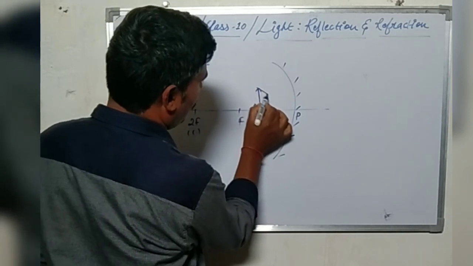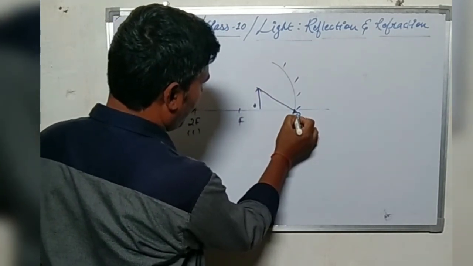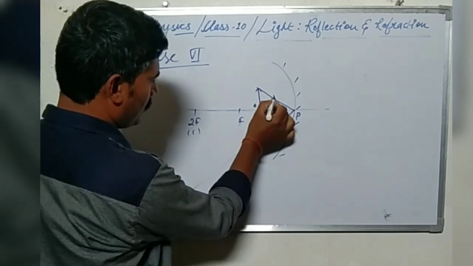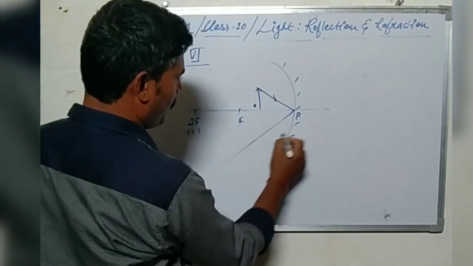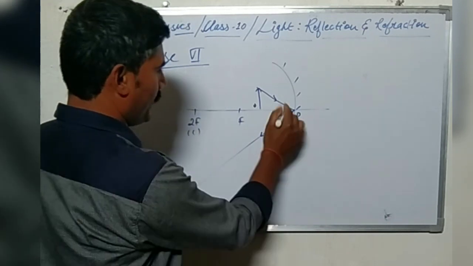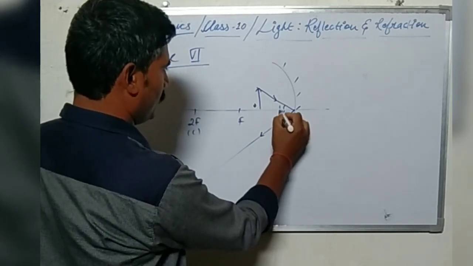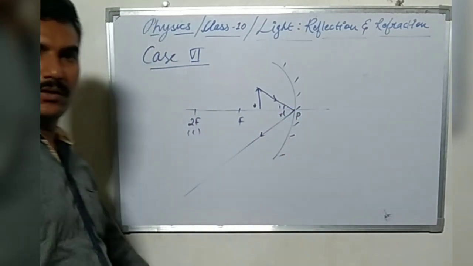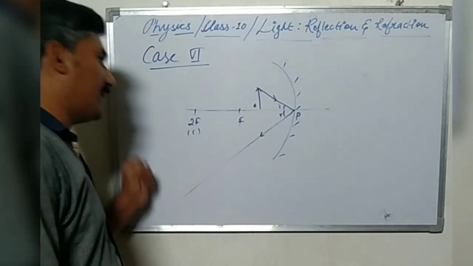Suppose a ray of light passes obliquely to the principal axis. When a ray of light passes obliquely to the principal axis, it is reflected back like this.